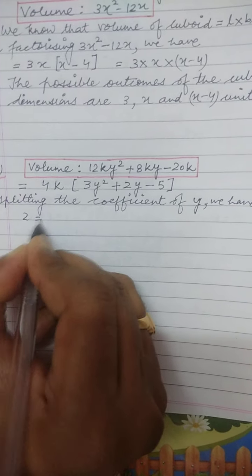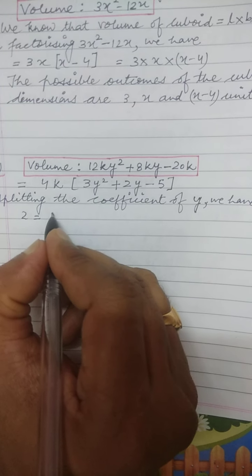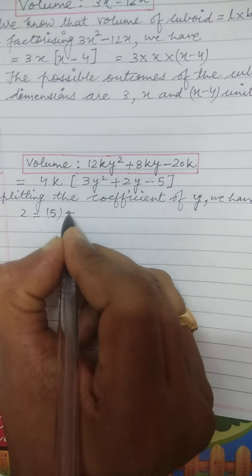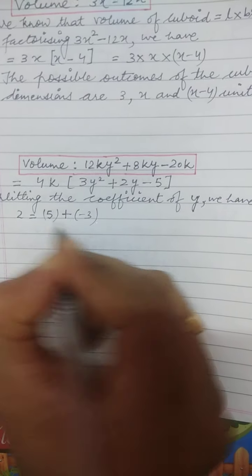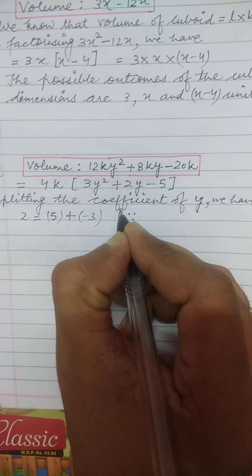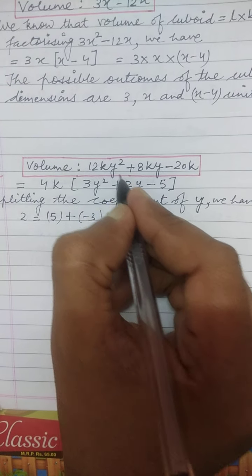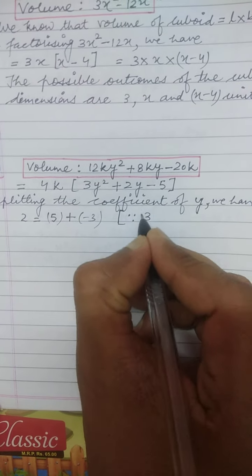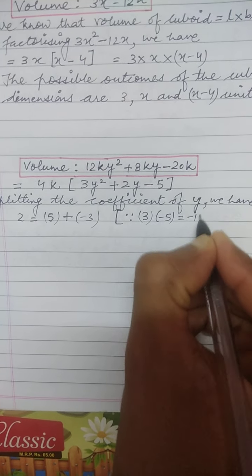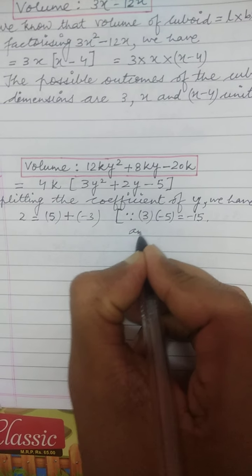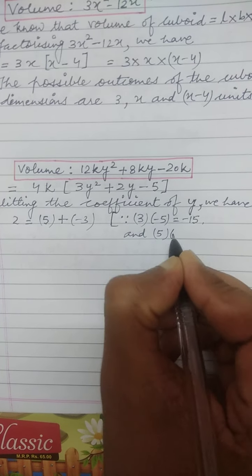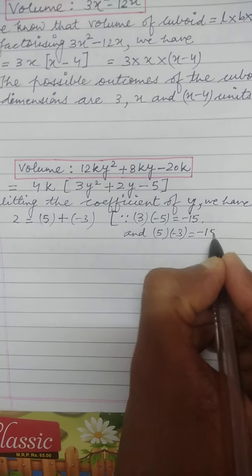Now the two parts of plus 2 can be plus 5 and minus 3. And why we have taken these two as a factor? Since you can see the coefficient of y square is 3 and the constant term is minus 5 and their product is minus 15. And you can see the two parts we have taken are 5 and minus 3 and their product is also minus 15.